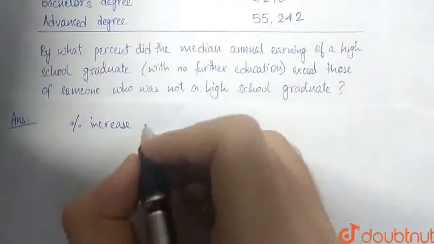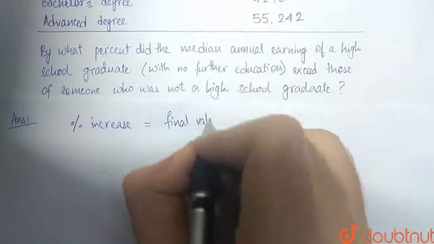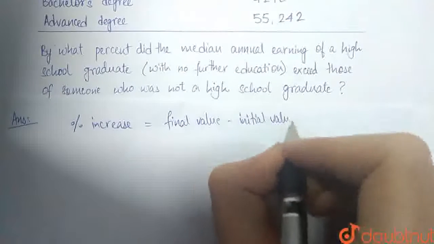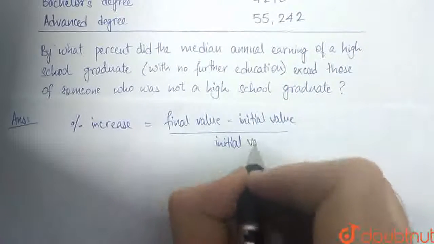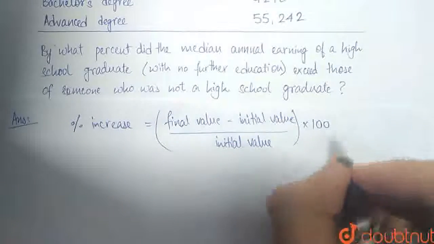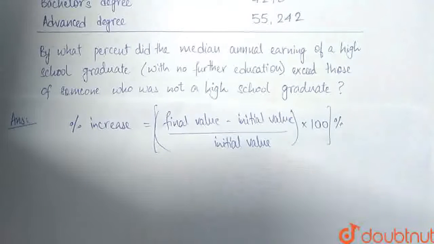So the formula for percentage increase for any value is final value minus initial value, divided by initial value, and then the whole thing times 100. So this value that you get is now in percentage, right?